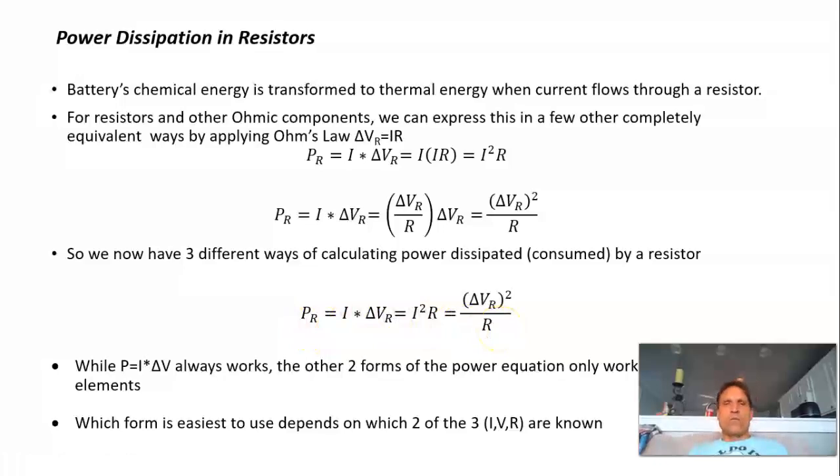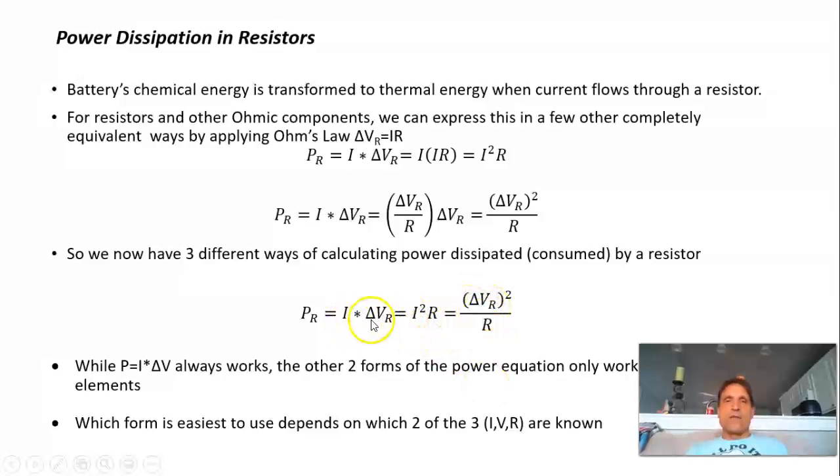You say, well, why do we want to do this? Well, because in certain applications we may know two of these three, but not the third one, which we could calculate. But it may be easier, if we know two of the three, to use one of these particular equations. For example, if we know I and we know R, but we don't know the voltage across it, we can use P equals I squared R. If we know the potential difference and we know R, but we don't know I, we can use this form.